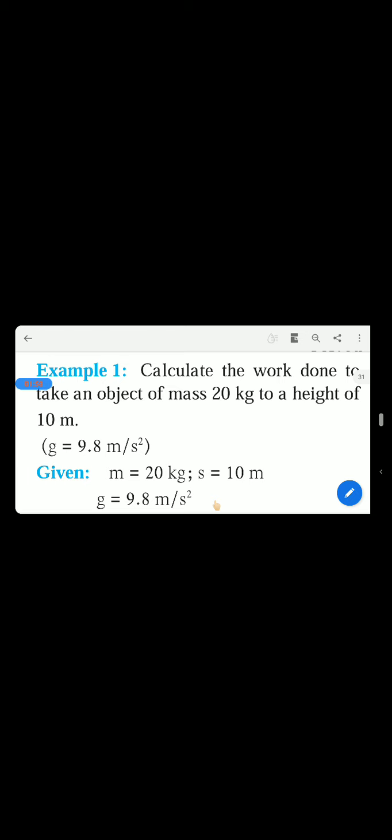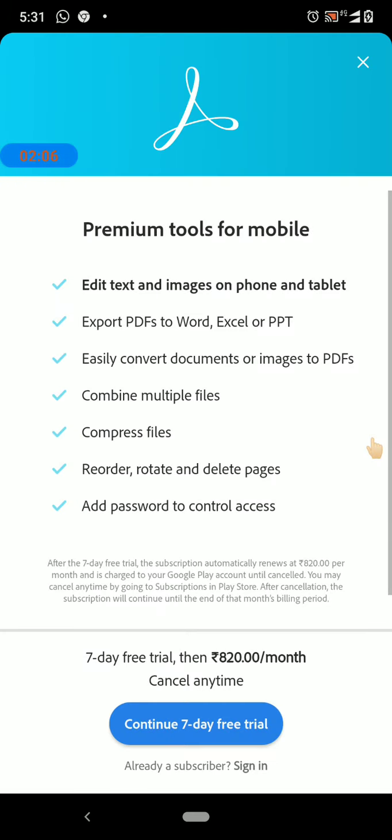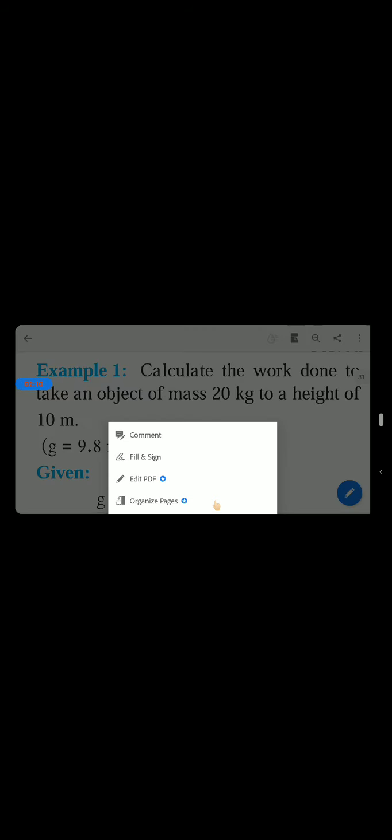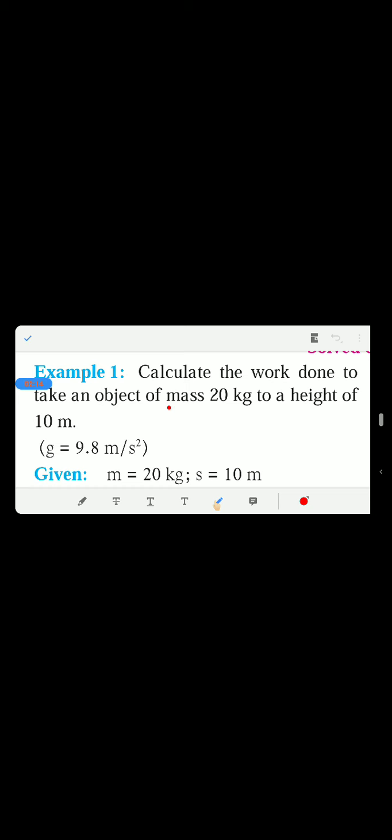Okay, so here they have given the direct values. Mass value is 20 kg, height of 10 meter.